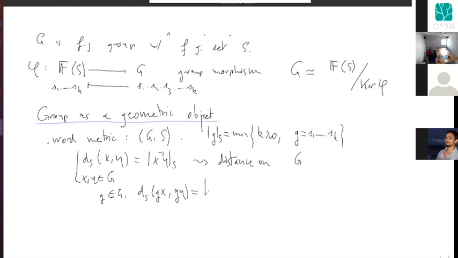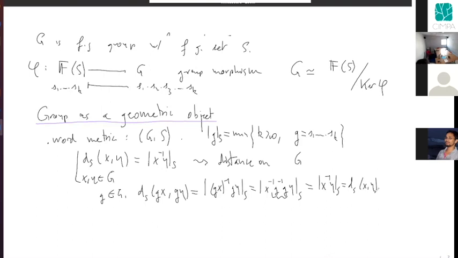By definition, it's the norm of the inverse of gx times gy. And so this is the same as the norm of, so what is the inverse of gx? It's x inverse, g inverse, and then I multiply by g and by y. And so what you see is that g inverse and g cancel, and I'm left with x inverse times y. And this is exactly the distance in S of x and y.